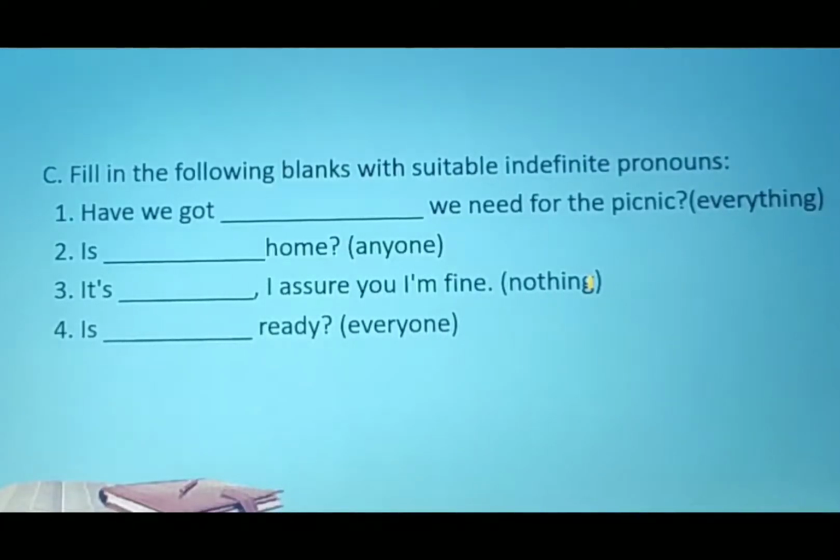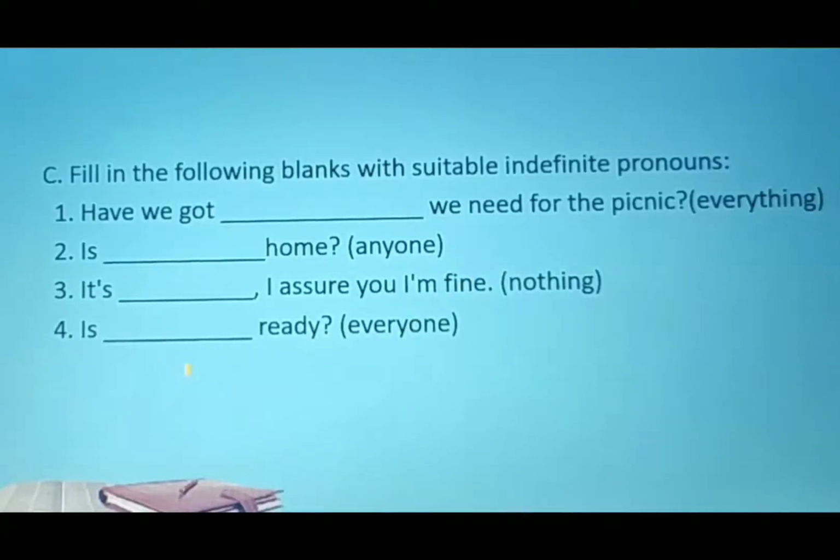So we use everything here. Is dash home? Is anyone home? So it can be anyone, any person who would be there in the house. It's dash. I assure you I'm fine. It's nothing. I assure you I'm fine.